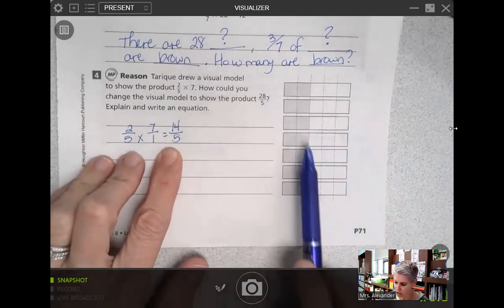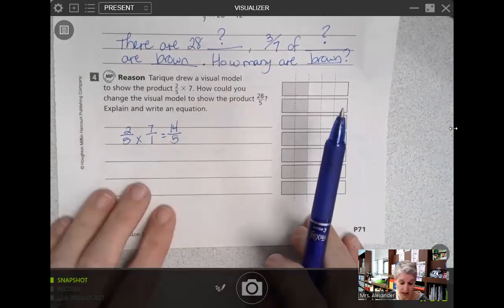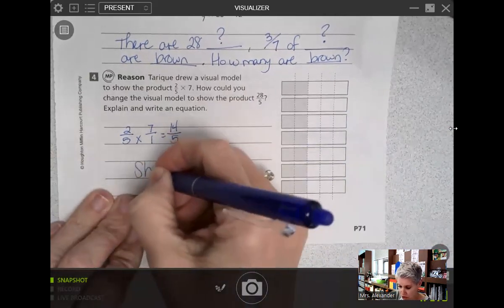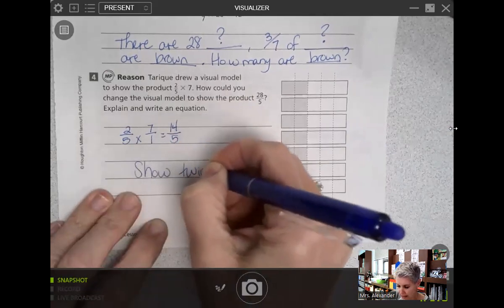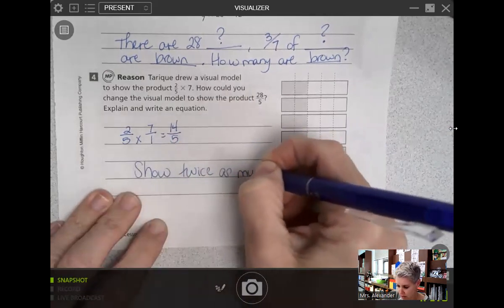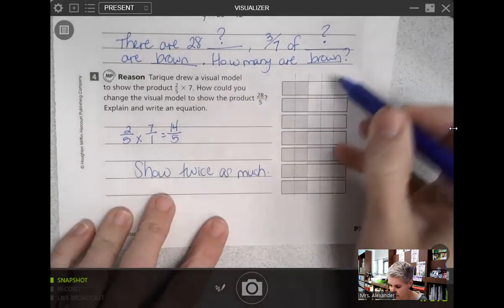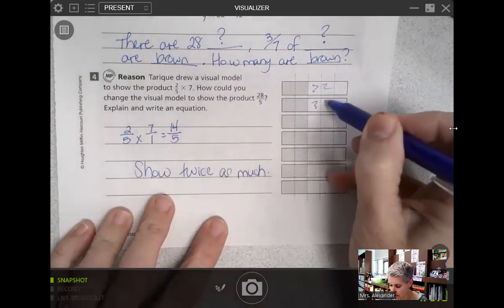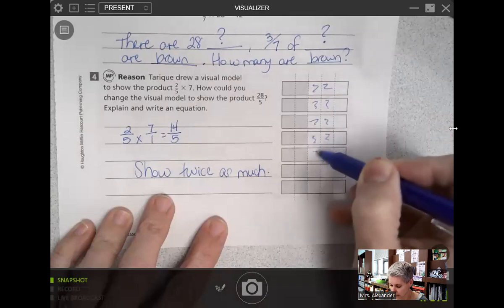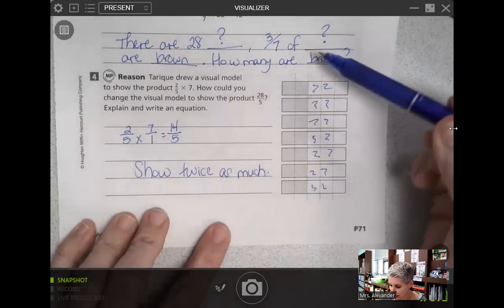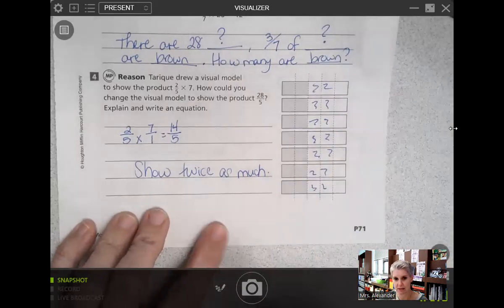So what would I need to do to change this model? I would need to show twice as much. So instead of just 2/5, we would actually show twice that. I would shade that in, and then that would be my 28/5.